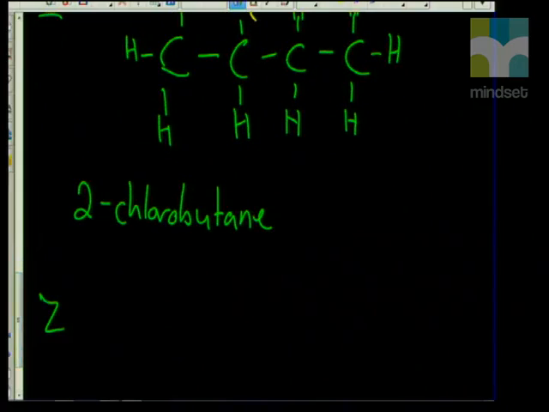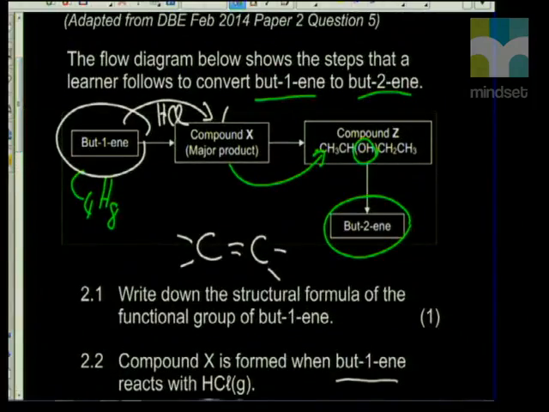Let's see what Z is. If you look at the condensed formula here, you'll see that on carbon number 2, that's carbon number 1, that's carbon number 2, we've got this hydroxyl group. That's carbon number 3, that's 4. So we've changed it from being a haloalkane to an alcohol.